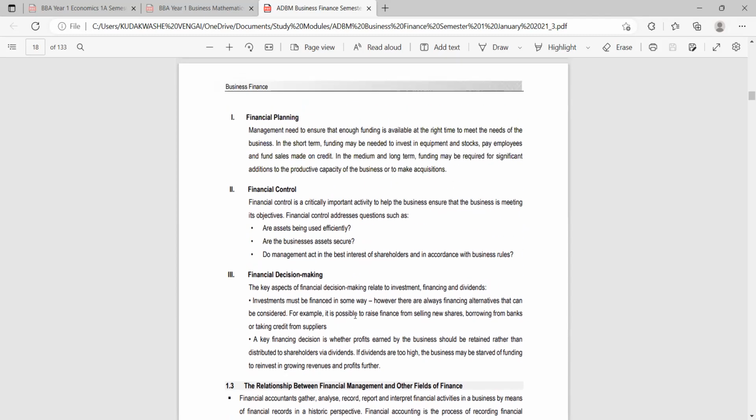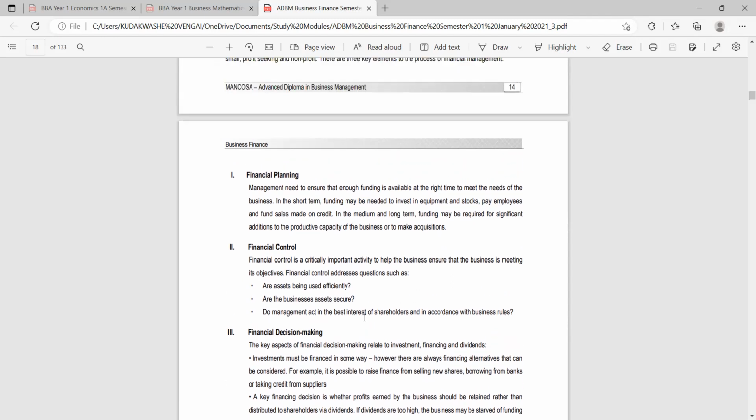Again, that's another popular question: what are the three key financial decisions made by the finance manager? He makes investment decisions, financing decisions, and dividend decisions. Those are the three key decisions that a finance manager makes at a company.